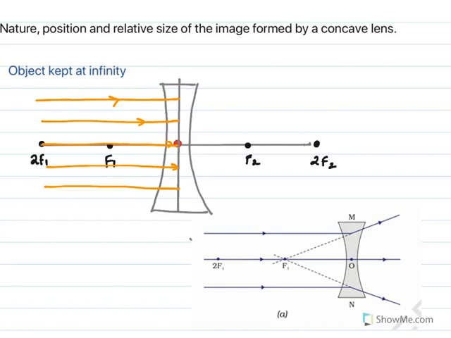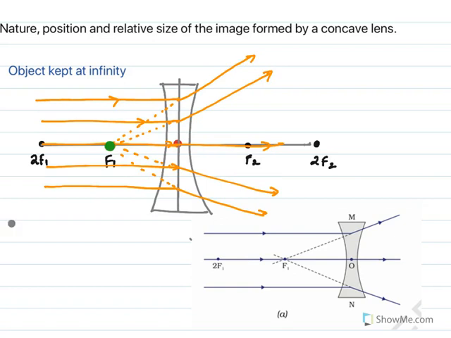After refraction, they will diverge, but when they diverge, they will all appear to come from the principal focus. This is a diverging lens. Concave lens is diverging. So when you produce these rays backwards, they all appear to come at one point. So here is where the image is formed, F1.